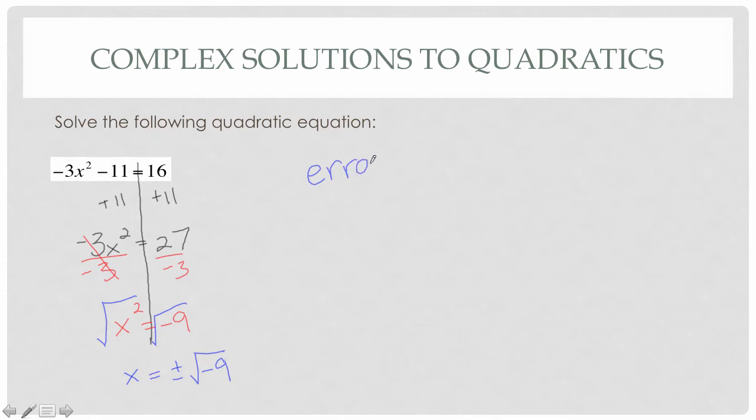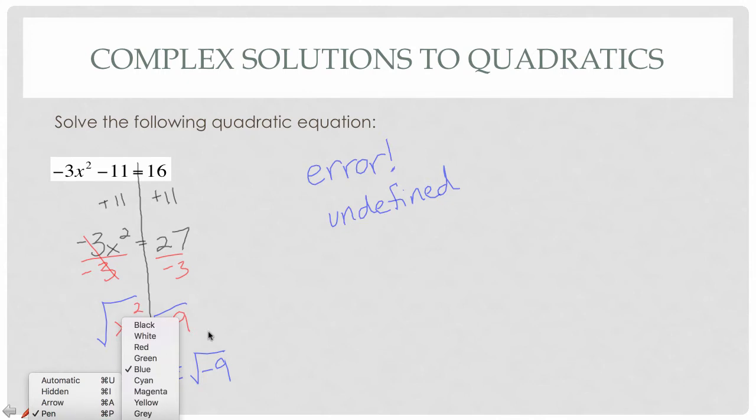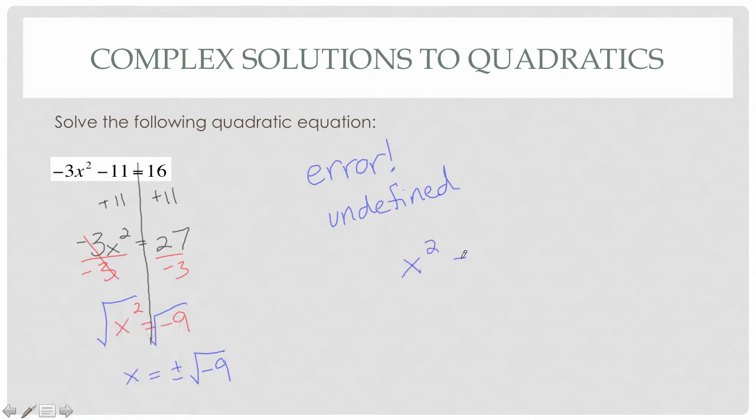Your calculator will come back and say error or undefined, because you're not able to calculate it. It's sort of like asking, what number, if I square it, equals negative 9? If you think about it, 3 doesn't work because 3 squared equals a positive 9, and negative 3 doesn't work because negative 3 squared equals positive 9 as well.